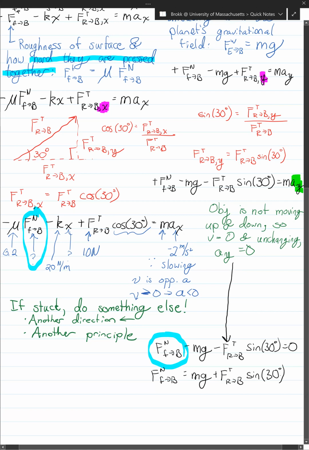we can take that result and substitute it into our x result.